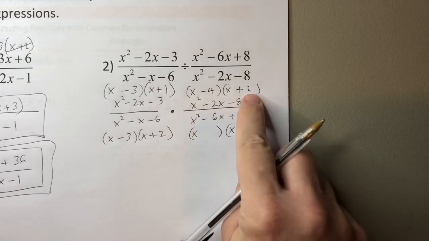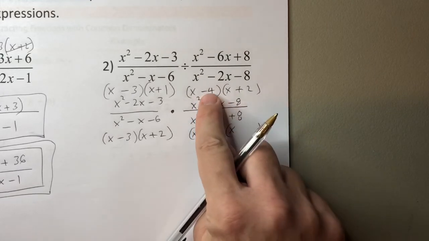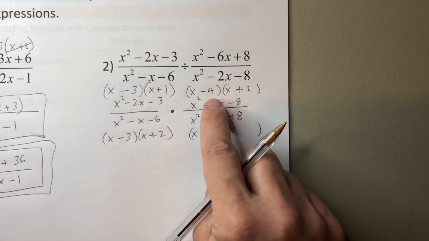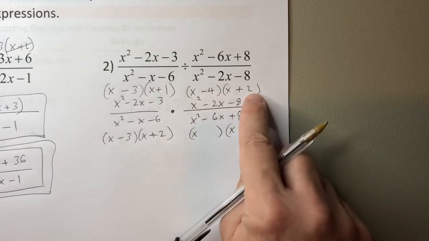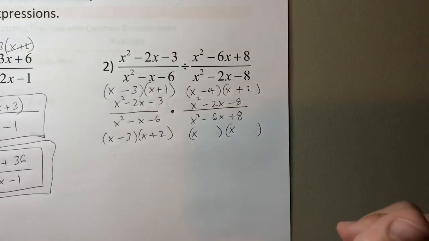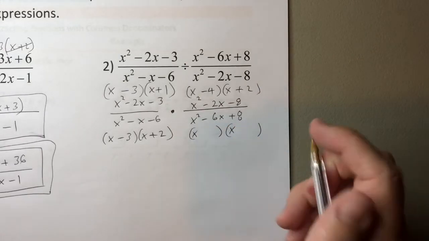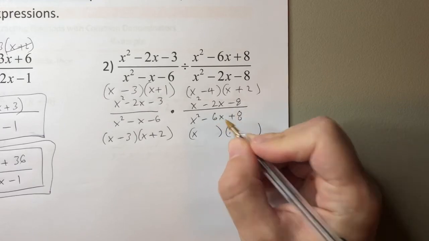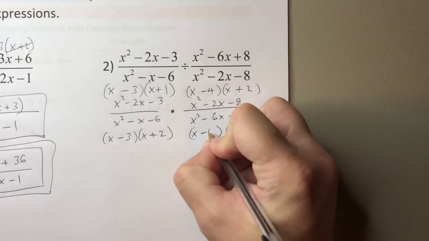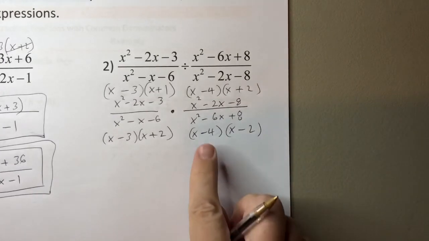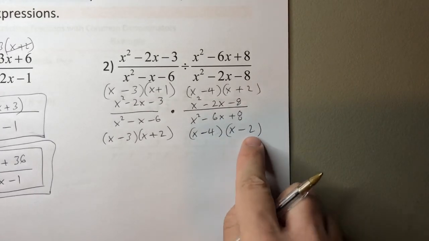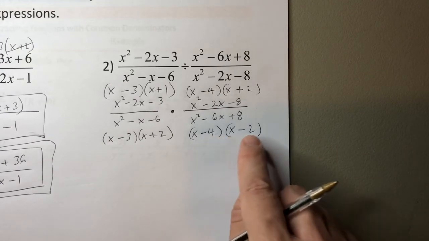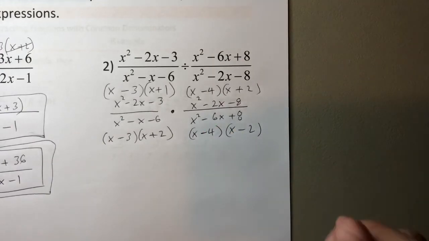Negative 4 times 2 is negative 8, and the sum of negative 4 and positive 2 is negative 2. All right, last one. Again, two factors of 8 whose sum is negative 6. Now you're getting a negative 4 and a negative 2, right? Because negative 4 times negative 2 is positive 8, and the sum of negative 4 and negative 2 is negative 6.